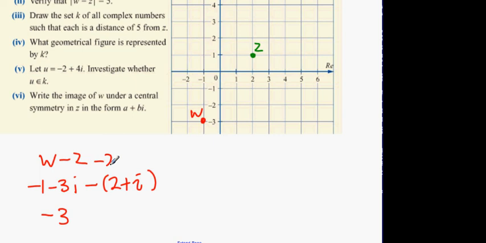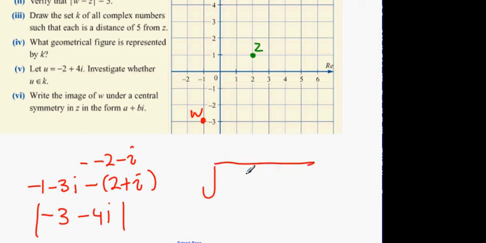That's going to be minus 3, and then minus 3i minus i, minus 4i. Now we have to get the modulus. So how do you get the modulus of this number? Square it off. Minus 3 squared plus minus 4 squared is 5.